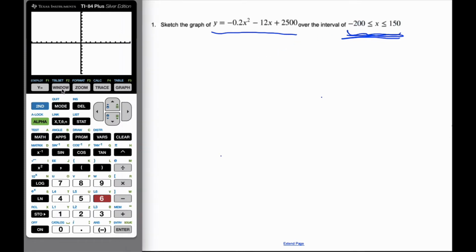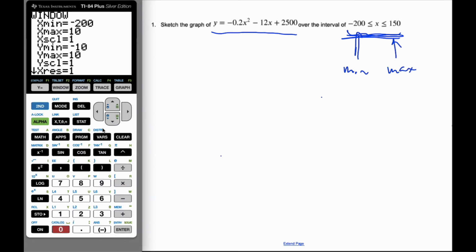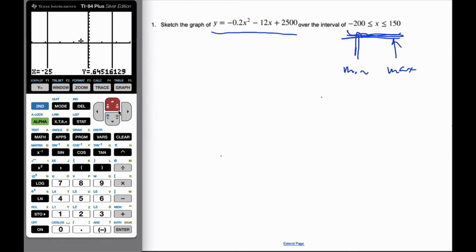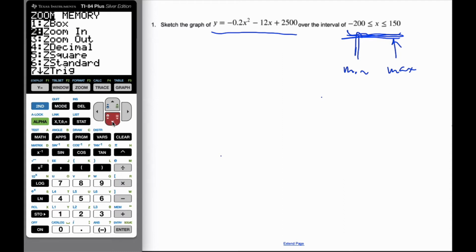So this is going to be my min, and this is my max for x. I'm going to go -200 and max is 150, and this tells me the tick marks, I'll just go by 50s. Now, if I graph, I can see a little bit, but there's a great function the calculator will do. I set my x min and max, and now I go to zoom, I believe it's 0, which is zoom fit.